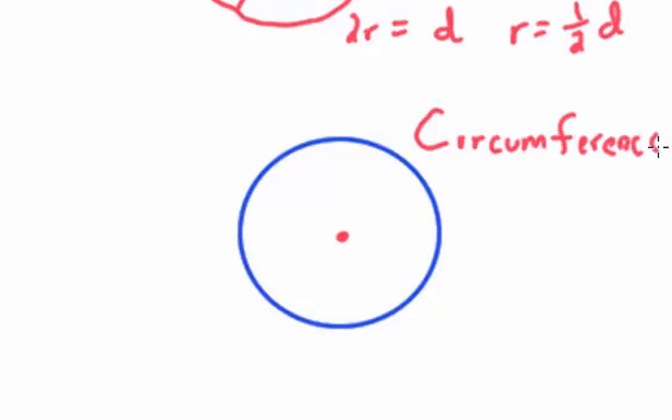Now, as early mathematicians studied circles of all different sizes, they noticed that you could take the circumference of any given circle, divide it by its own diameter, and that you would get the same thing over and over again, and that same thing is a number that we call pi.